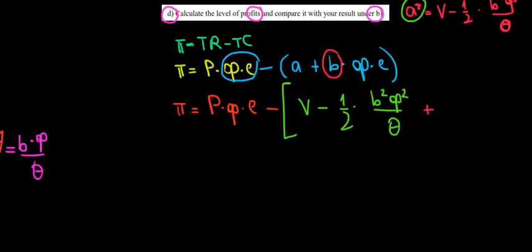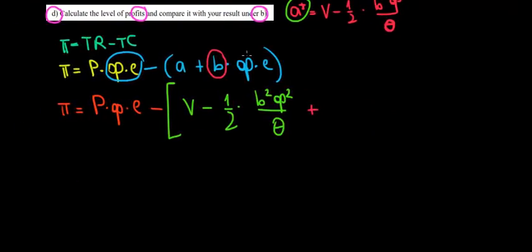So the optimal bonus is the same as the price, so instead of B we could write the price times theta times E.